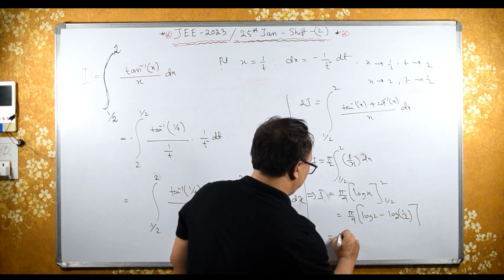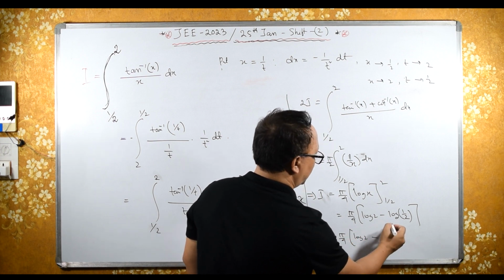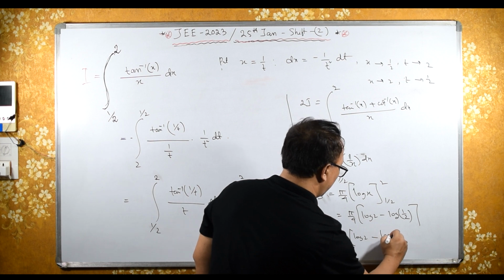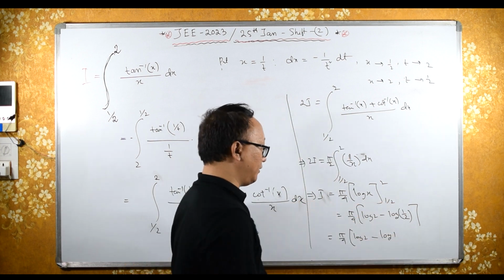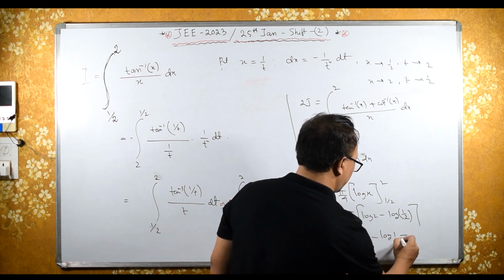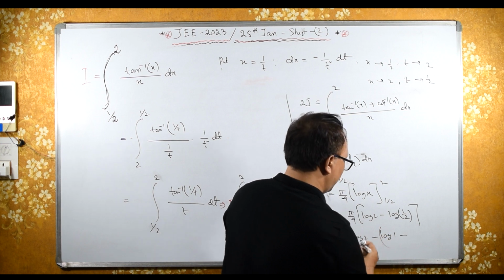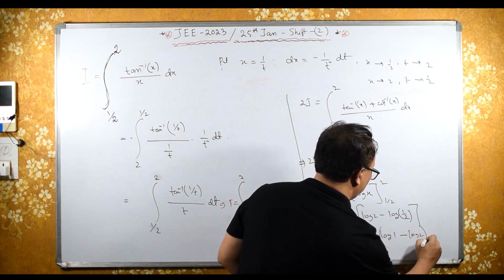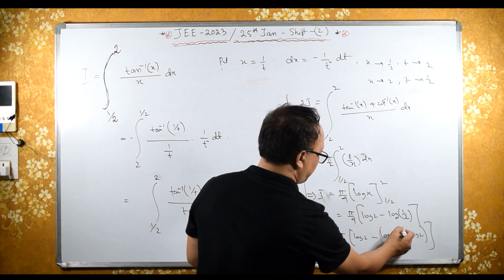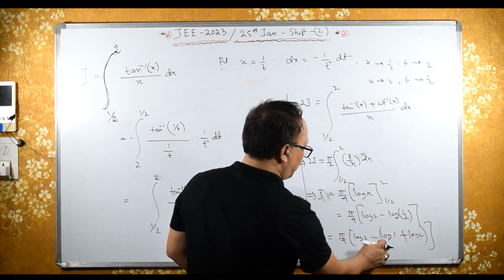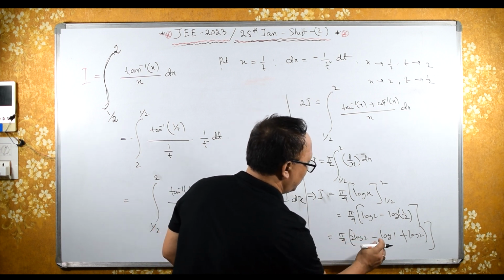That equals pi by 4 times log of 2 minus, log of m by n is log m minus log n, so log of 1 by 2 is minus log 2. Now this becomes a plus, so I will have 2 log 2.